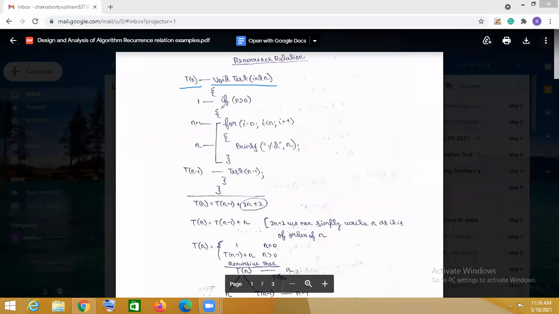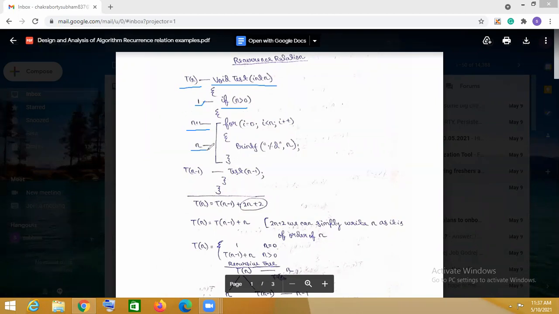Now this condition takes one unit of time. In the frequency count method, we have seen that if the loop runs n times, the loop condition will be executed n plus 1 times, and the statement present inside the loop will be executed n times.